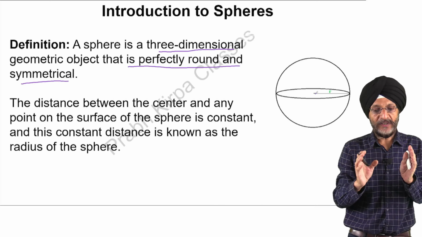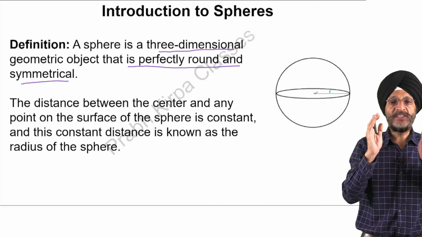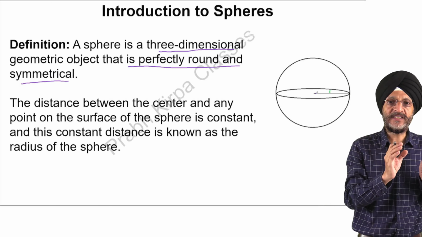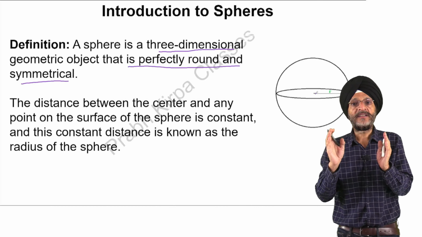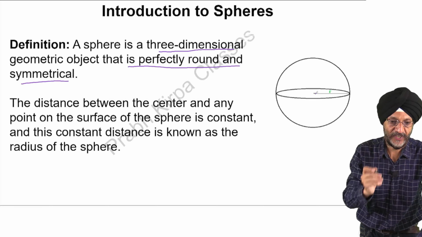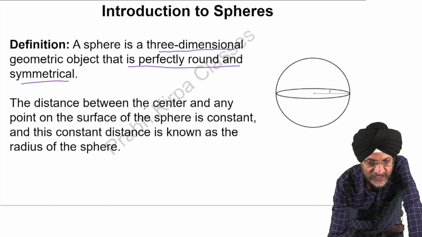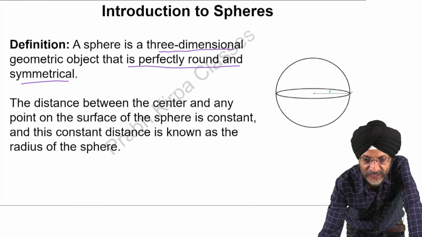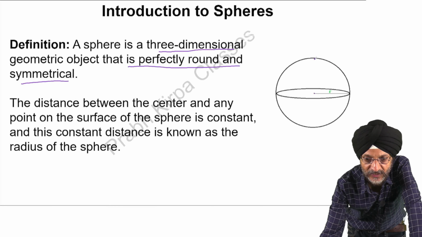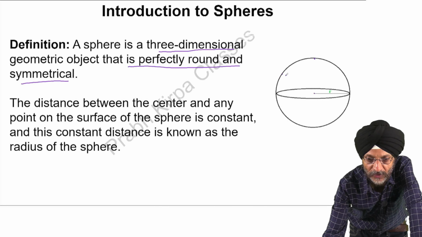Though the sphere does not have three distinct dimensions such as length, width, and height, yet it is called a three-dimensional object. The distance between the center, this is the center point, and any point on the surface of the sphere, these are the outer points.